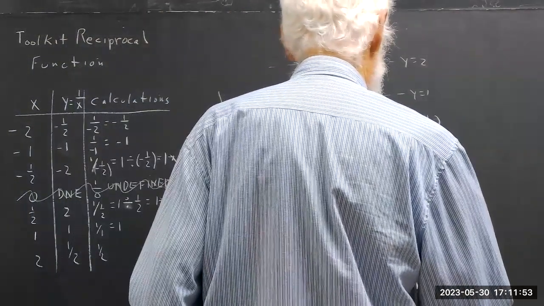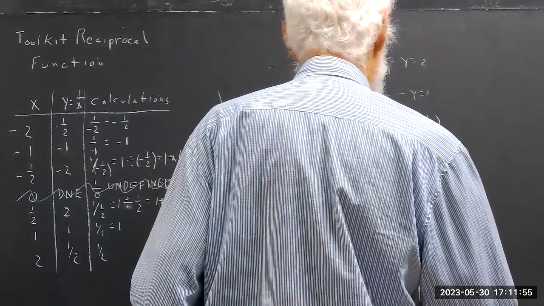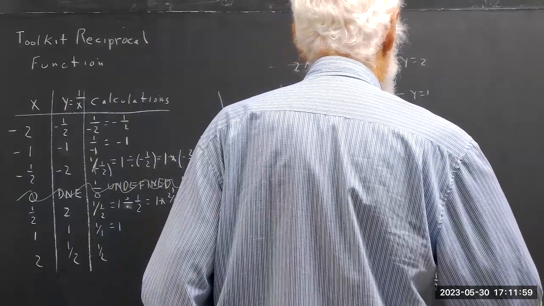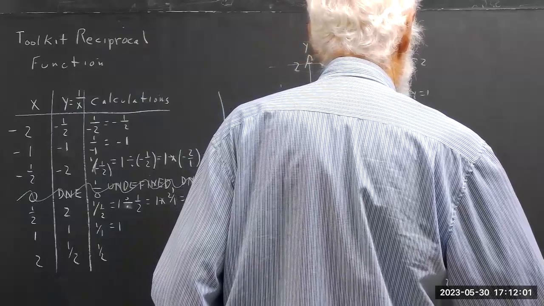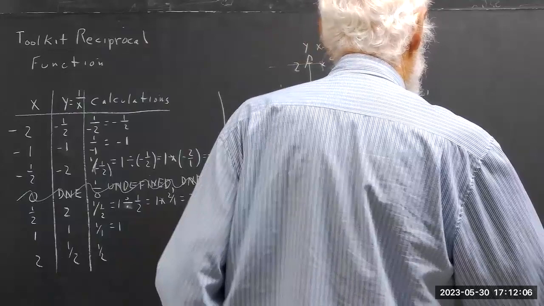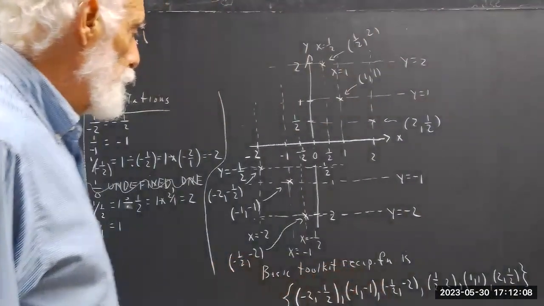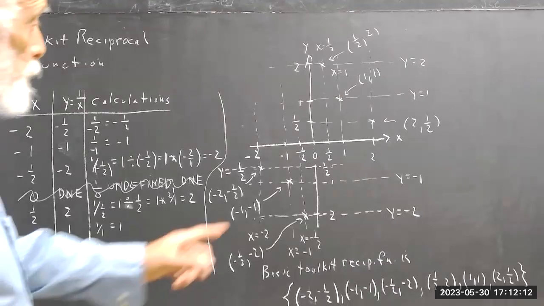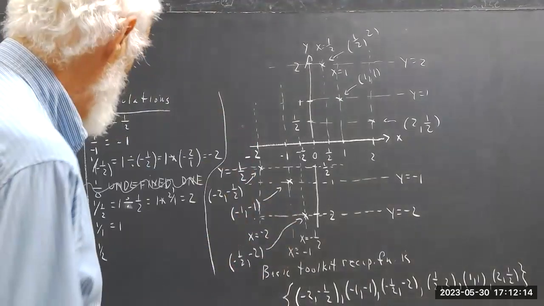And then we have 1/2, 2, 1, 1, 2, 1/2. There's our basic toolkit reciprocal function, consisting of 6 points, no more.